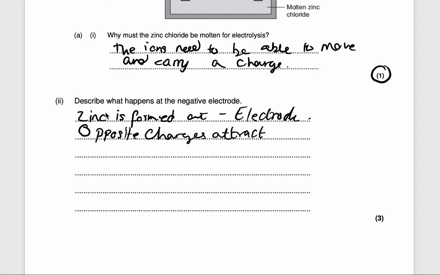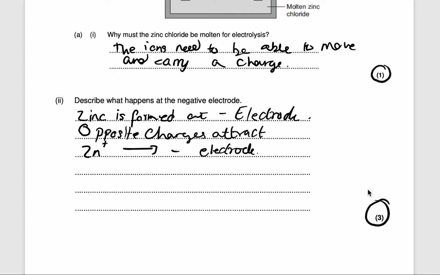So the negative charge of the electrode is attracted to the positive charge of zinc. So zinc will be formed at the negative electrode because opposite charges attract. So zinc positive is attracted to the negative electrode. Okay, and that will get you 3 marks.